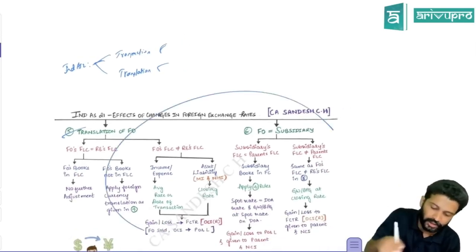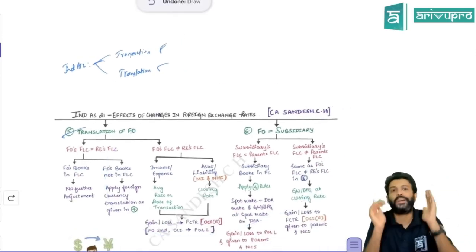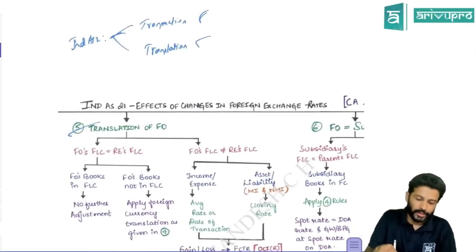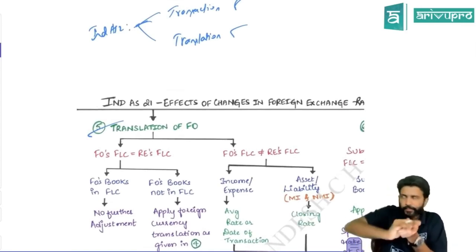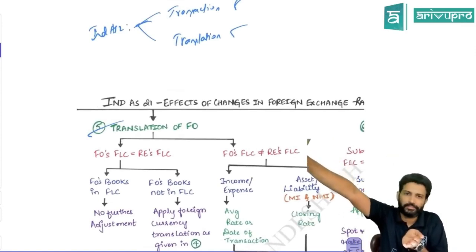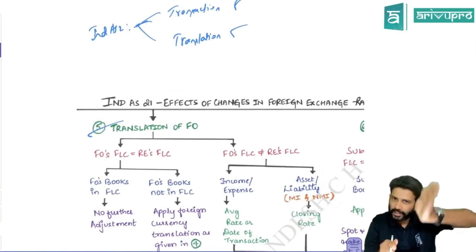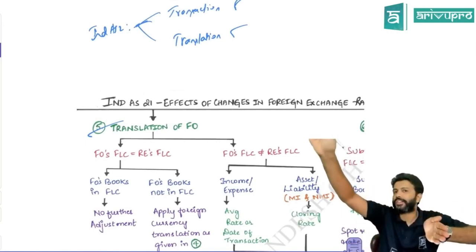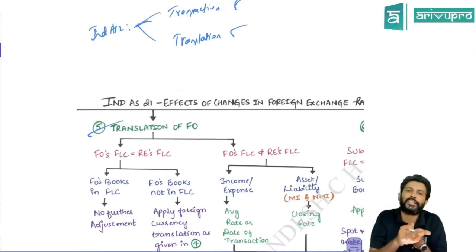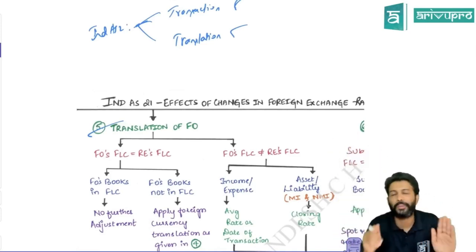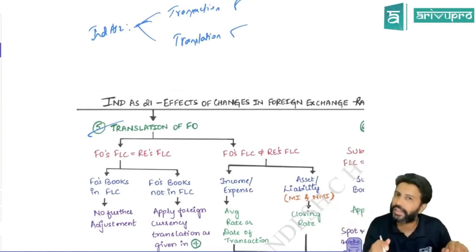So this particular chart covers the translation part of IND AS 21. Before you translate, let's say the parent is in India and the subsidiary company is in the US. That means the parent's functional currency is Indian rupees, and the subsidiary's functional currency, let's assume, is dollars. When the parent has to prepare the consolidated financial statement, they need the parent's FS and they have to add it to the subsidiary's financial statement.